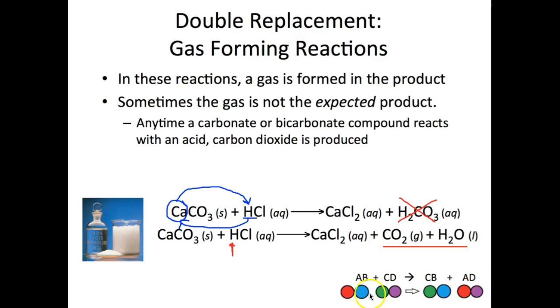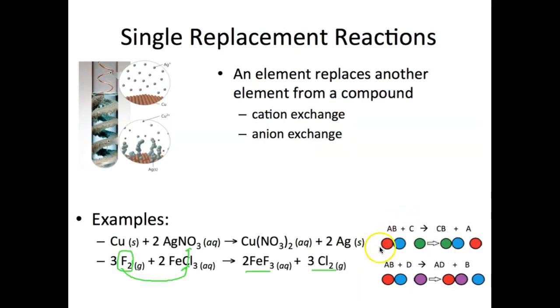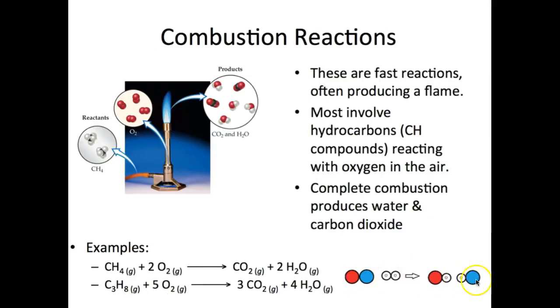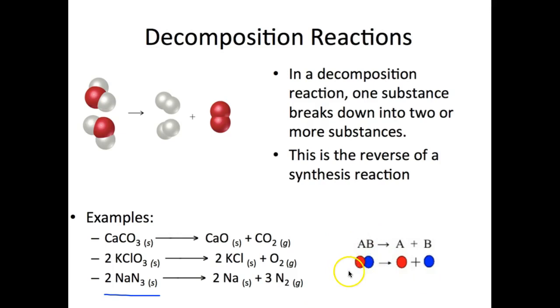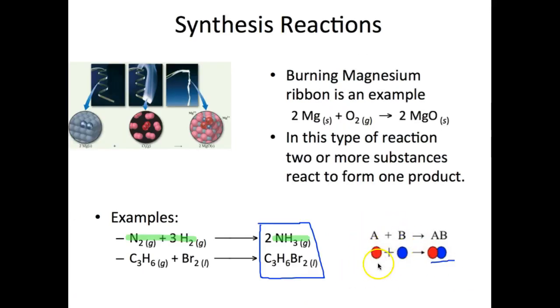So one more time, notice that we have these very predictable patterns: the exchange of cations in double replacement, a similar displacement in single replacement where like is replacing like, the formation of CO2 and H2O with oxygen as a reactant, a single reactant forming multiple products, and multiple reactants forming a single product in synthesis.